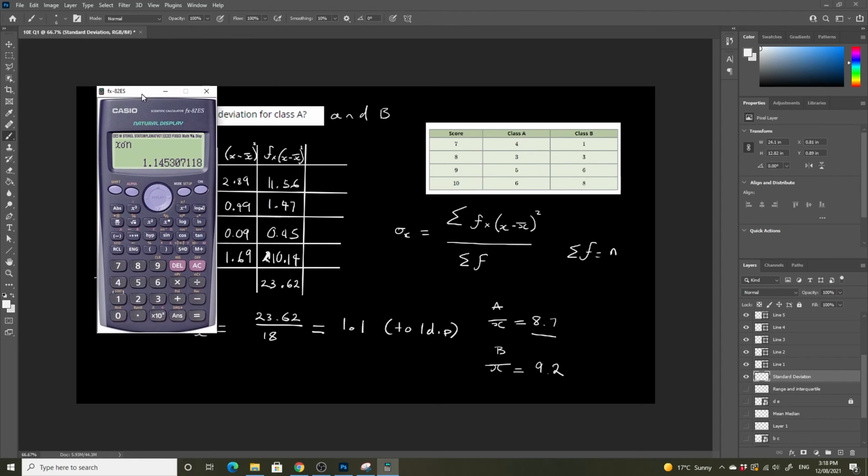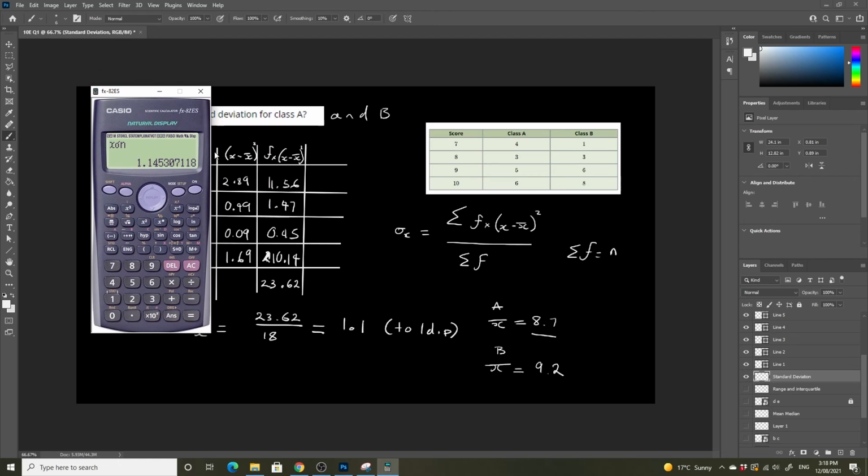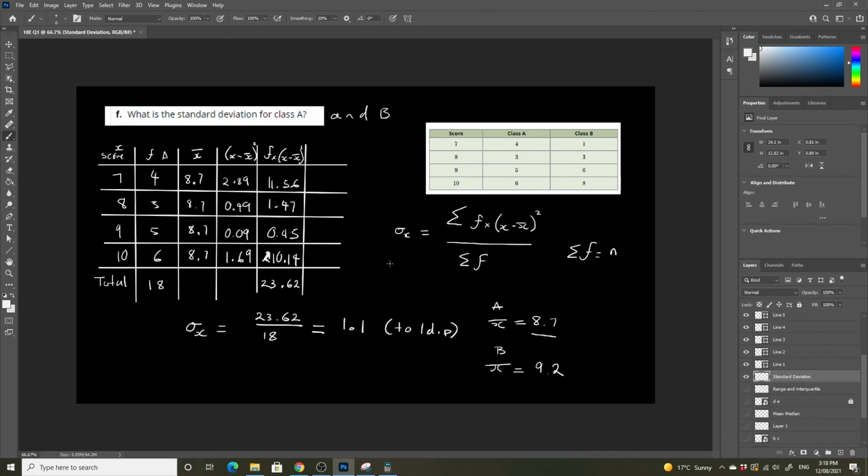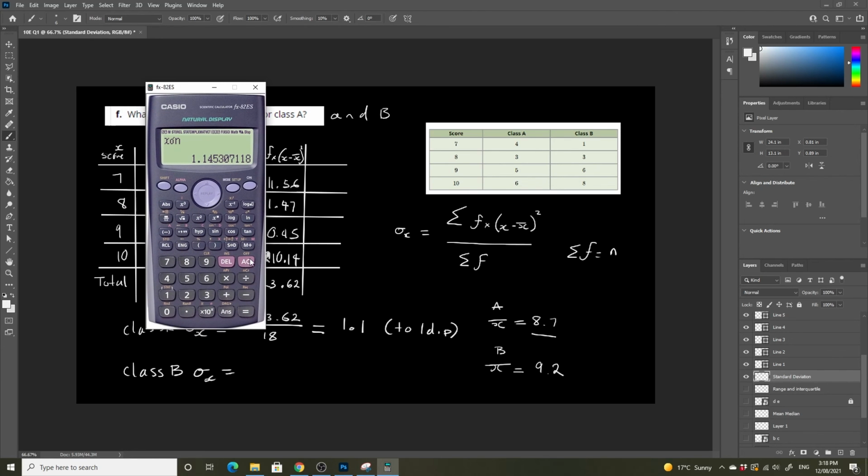So let's find our standard deviation for class B now. So that's going to be class A, and now we'll do class B. We're just going to put in all the data. So let's go to mode, stat, single variable, and let's put in the data for class B. So same scores, 7, 8, 9, and 10.